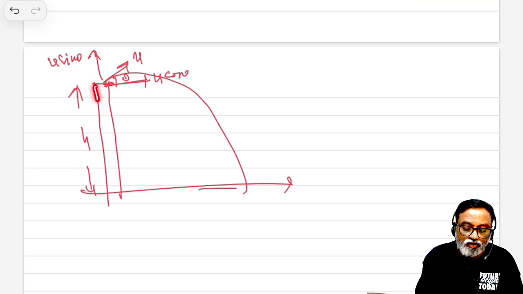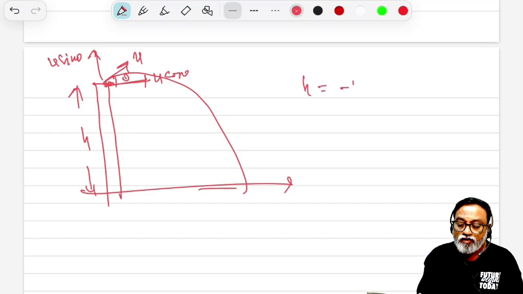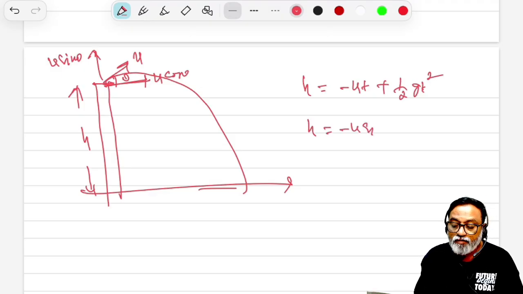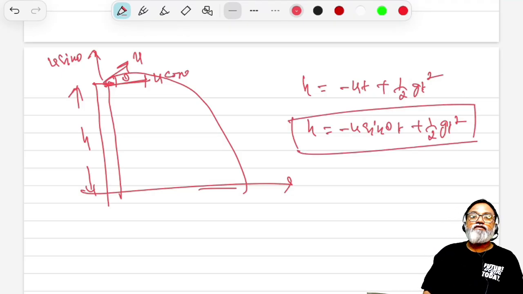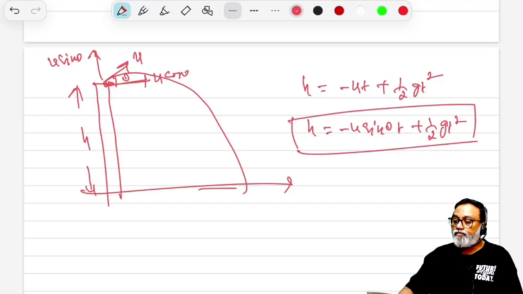It is similar to a body projected from the tower with velocity u sin theta. Therefore, there h is equal to minus ut plus half g t square. Therefore, here h is equal to minus u sin theta into t plus half g t square. Using this formula, we can find out the time taken to reach the ground. This is a horizontal projectile.